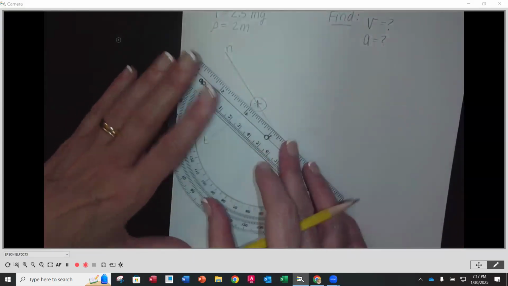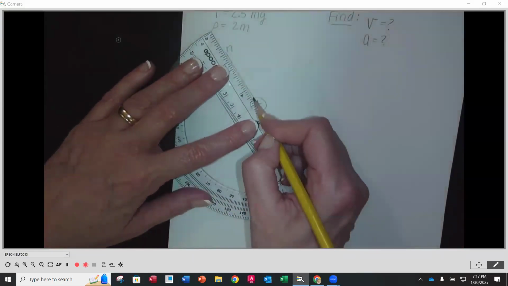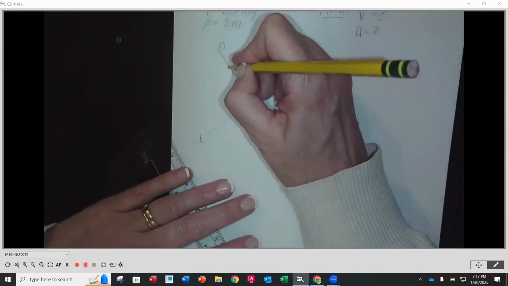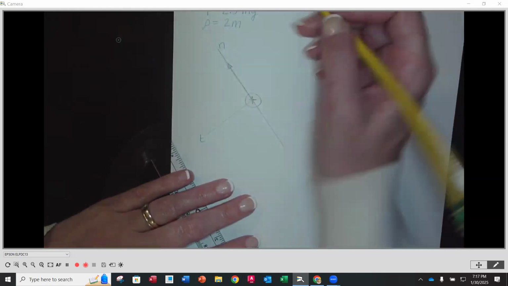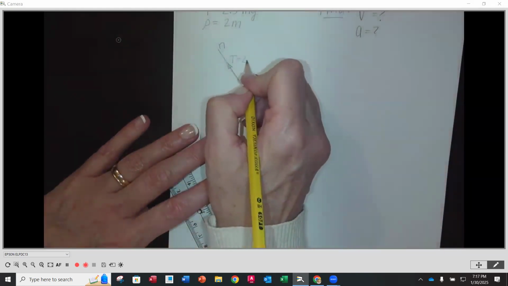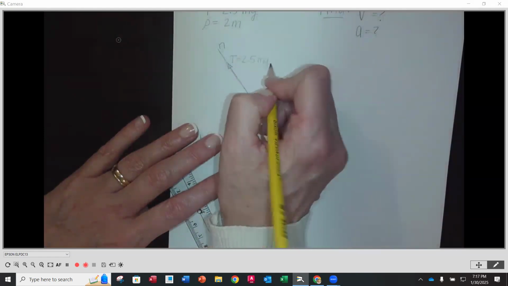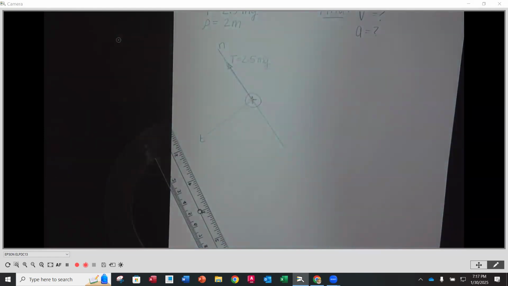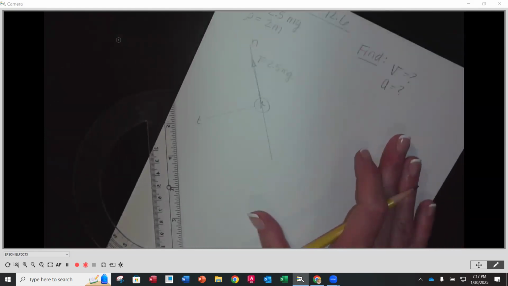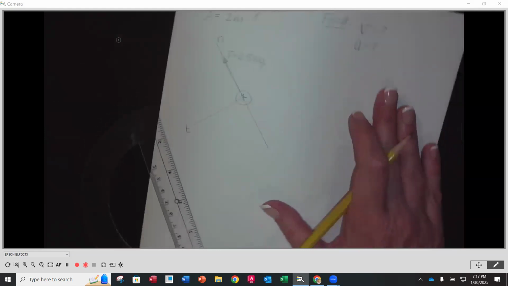So the tension that the string sees is going to be along that cord, pulling away from the bob. So T is equal to 2.5 mg. It's like the Y direction, right? But we're going to keep it at an angle.